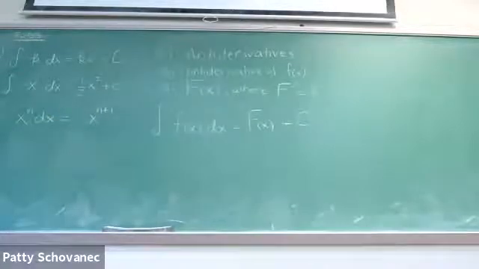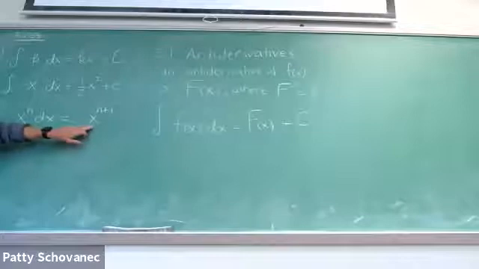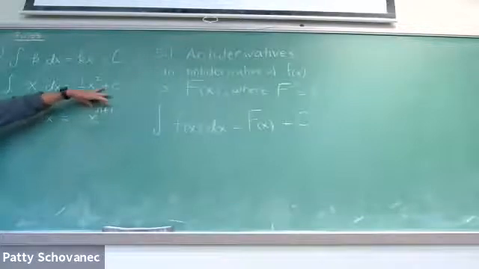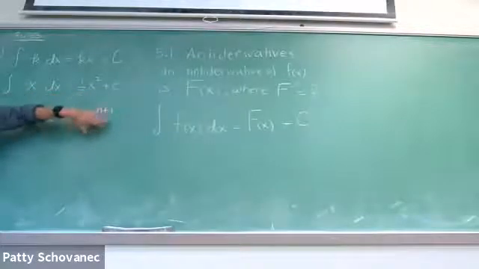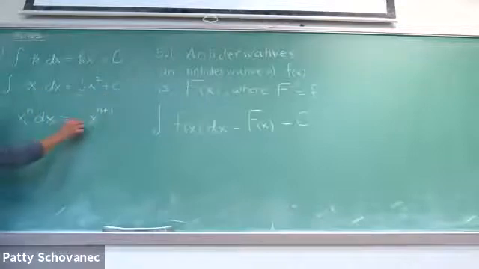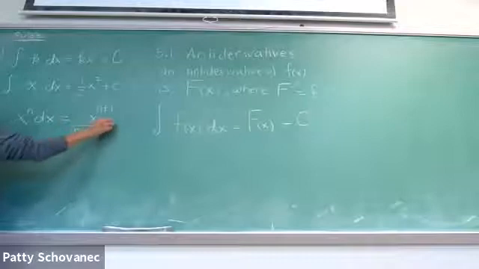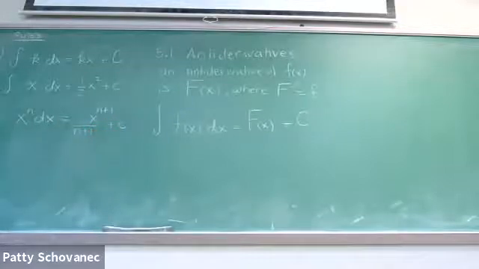And then if I were to take the derivative of this as it sits now, I would get an n+1 here, x to the n. Well, I don't want the n+1 there, so I have to divide by the n+1. So that's our power rule for antiderivatives, except it doesn't apply when the power is a -1. If this is a -1, I don't want to ever divide by 0.